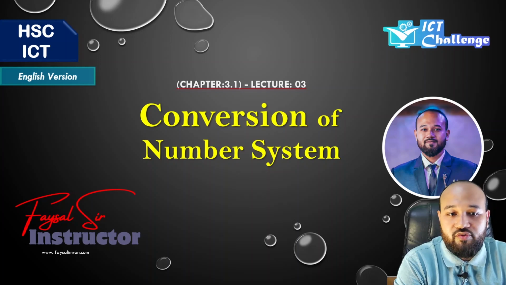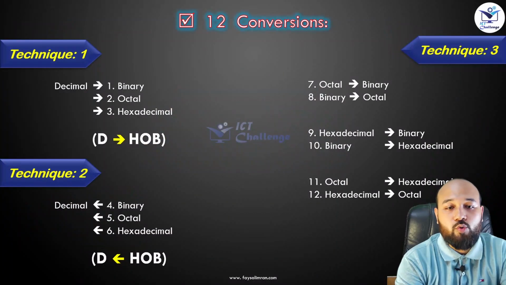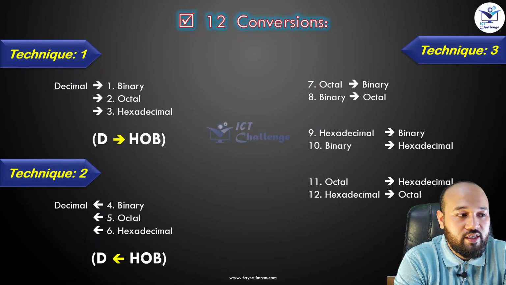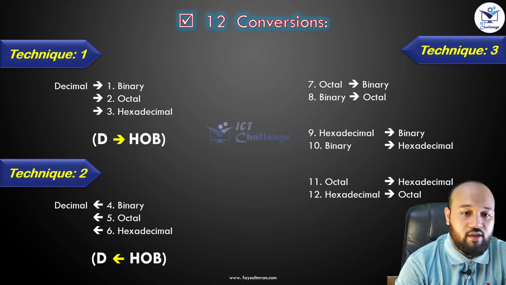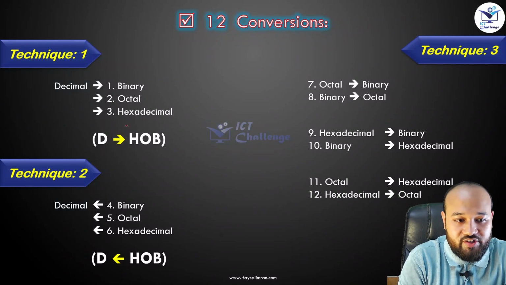This is our lecture 3, conversion of number system. So we have 12 conversions in our chapter 3. Let's start. We learned technique 1 and 2, that is decimal to binary, octal and hexadecimal, and technique 2, binary, octal, hexadecimal to decimal. That means we learned all of the conversions related to the decimal number system.